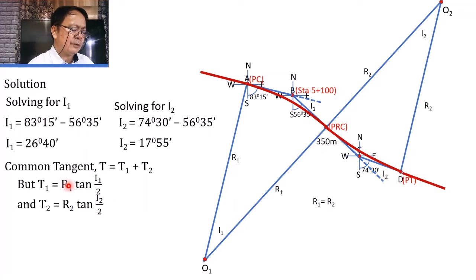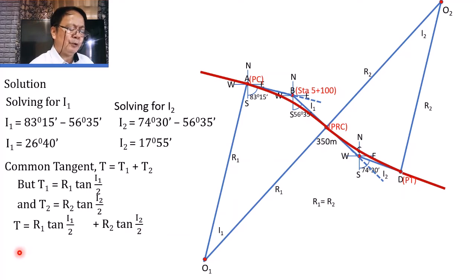If R sub 1 is equal to R sub 2 and T is equal to 350, we can substitute all of these values, expressing T sub 1 and T sub 2 in terms of R, in the formula that T will be equal to R sub 1 times tangent of I sub 1 over 2 plus R sub 2 times tangent of I sub 2 over 2.